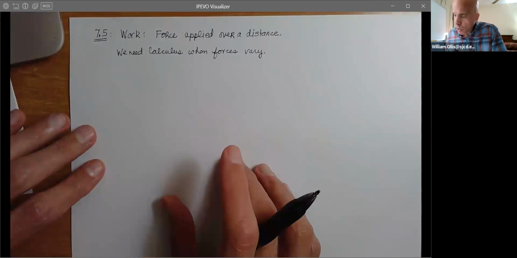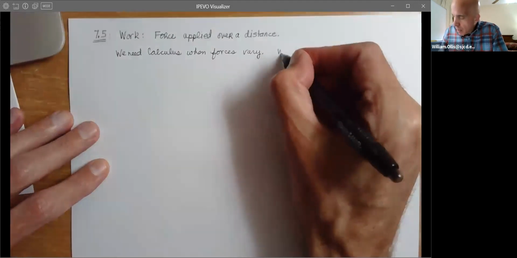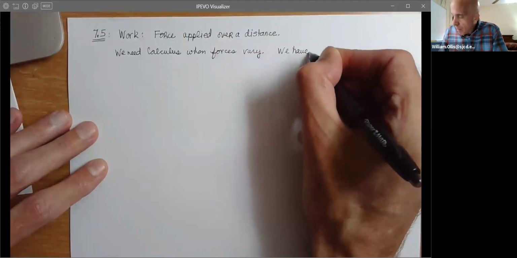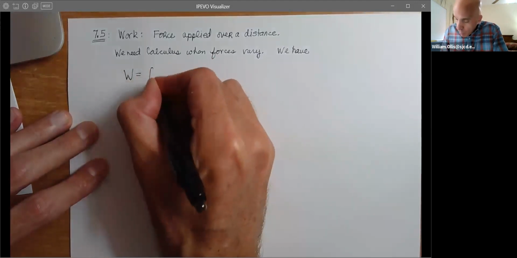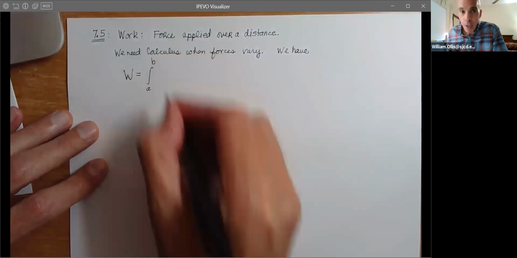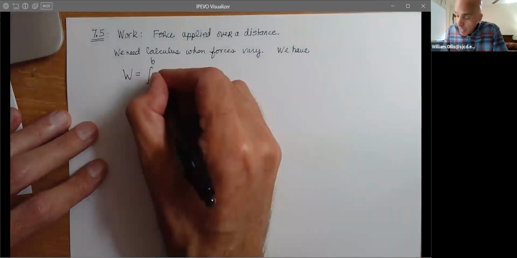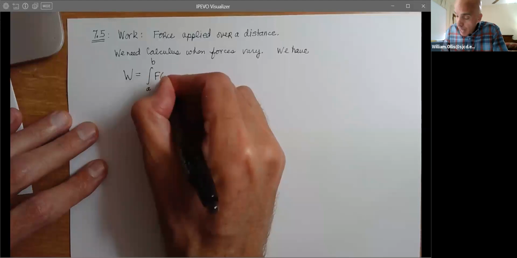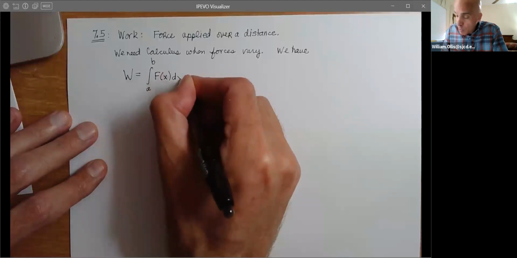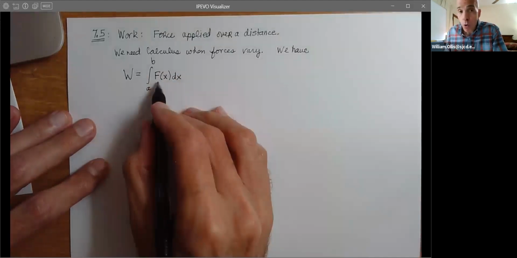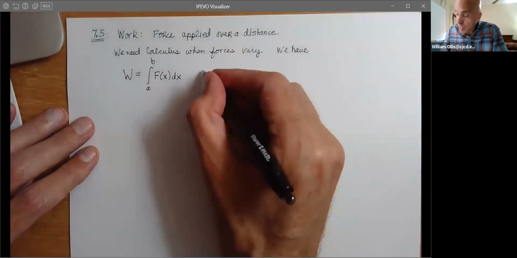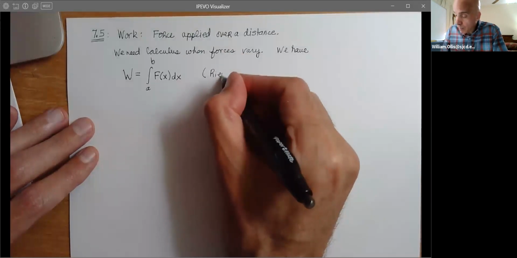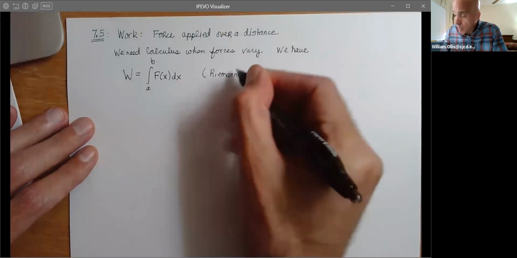So when we think of force over a distance, this can be a Riemann sum argument: work will be integrated over some interval of integration, say a to b, and we'd have some variable force, f of x, times the infinitesimal distance. So this is force over a distance, and this is a summative process. This is the Riemann integral, as we've been doing from day one.